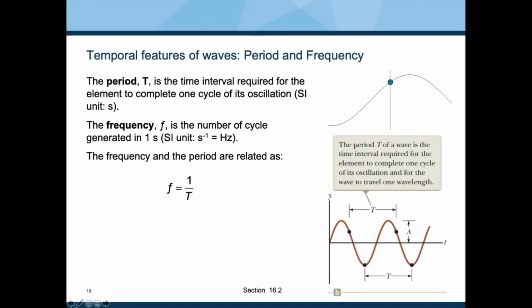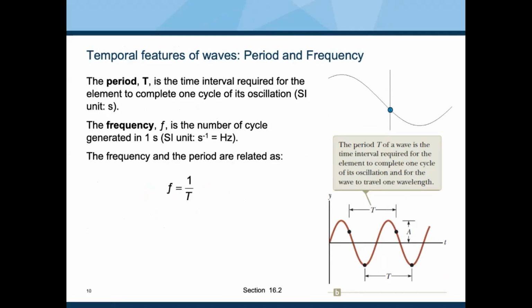Right, that is too fast, I'm afraid. But hopefully, what you can see here is that the particle is moving up and down. So it is, of course, varying with time.